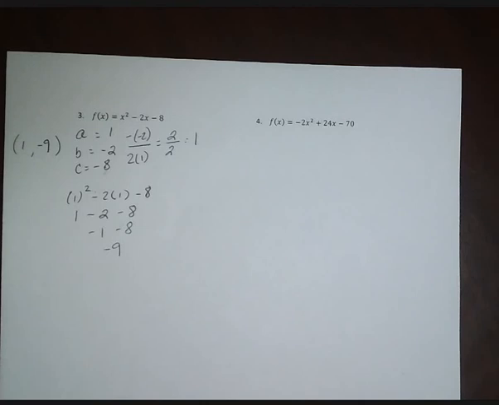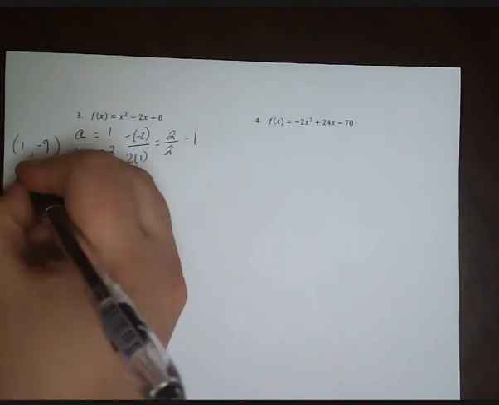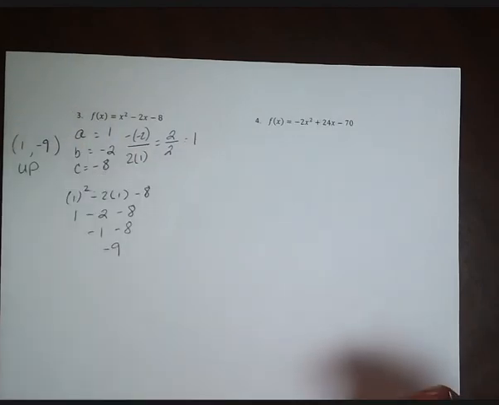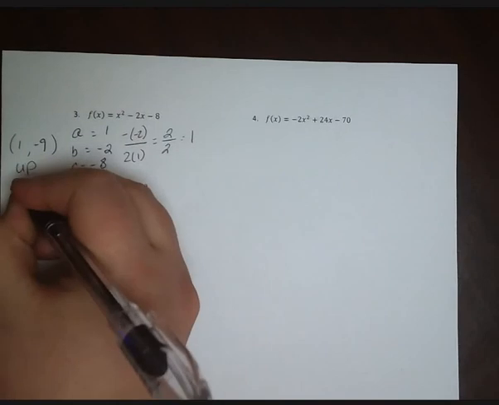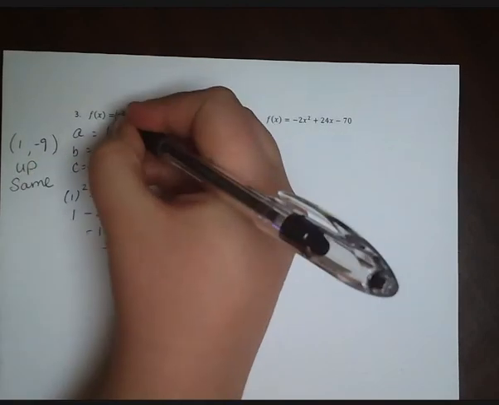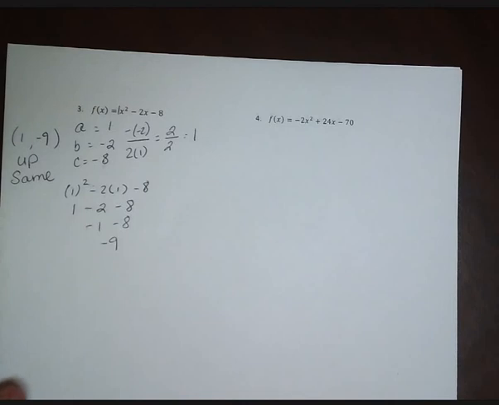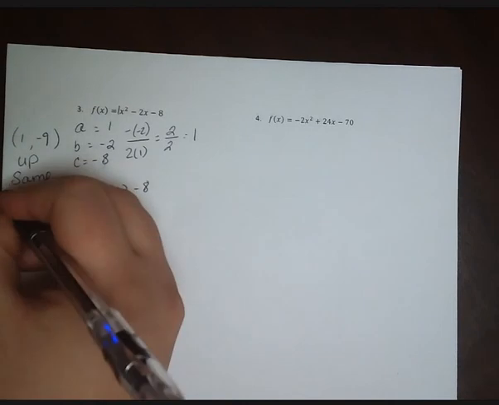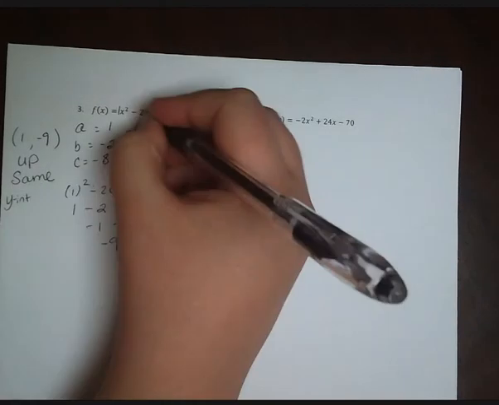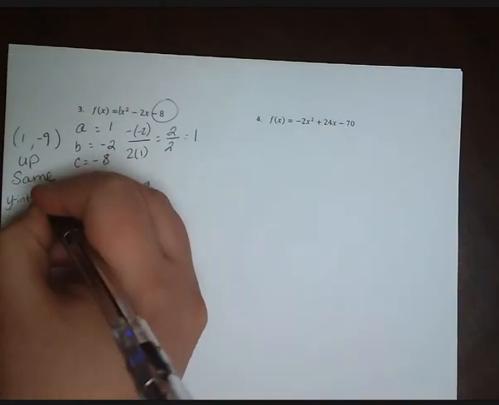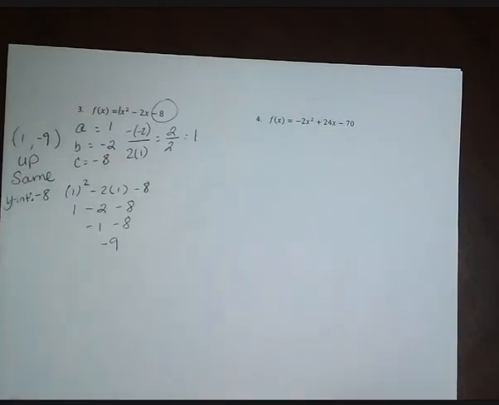And then they ask us to state what A does. Our graph is going to be facing up, and it's going to be the same as the graph f of x equals x squared because it's an understood 1. And then we're going to tell them the y-intercept, which will be a negative 8. And then the x-intercepts.